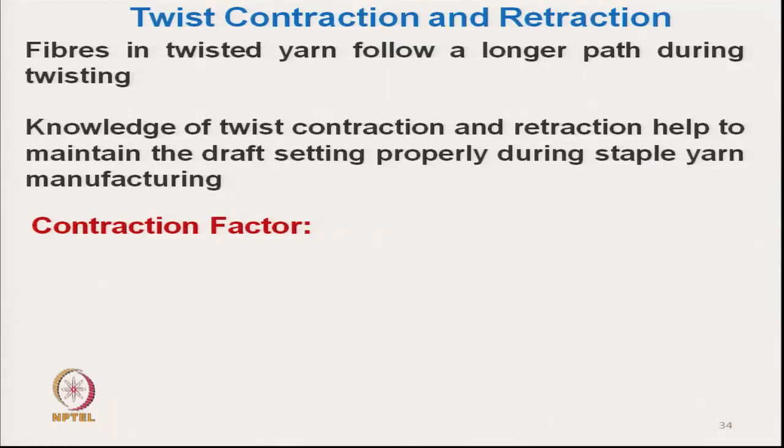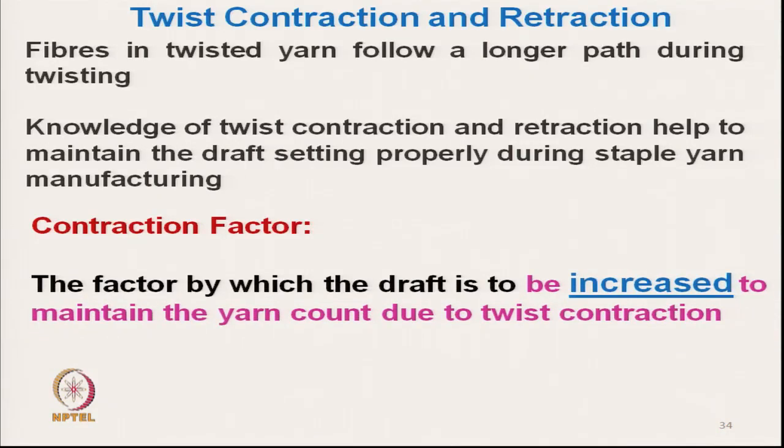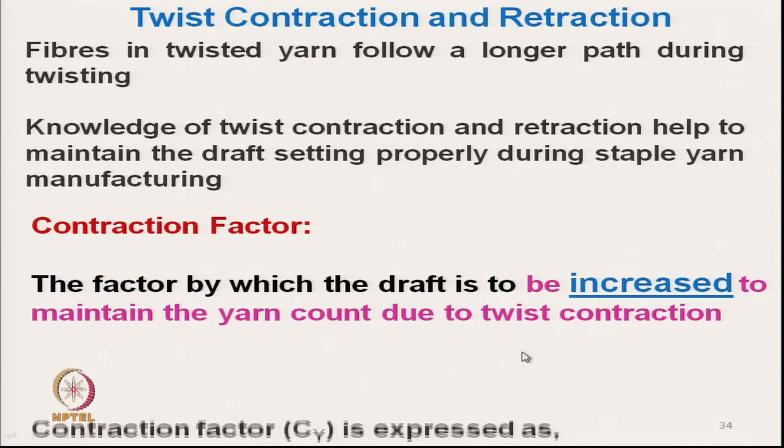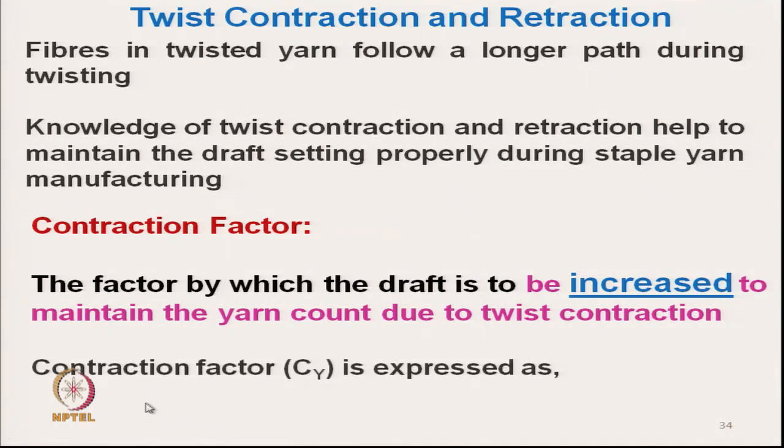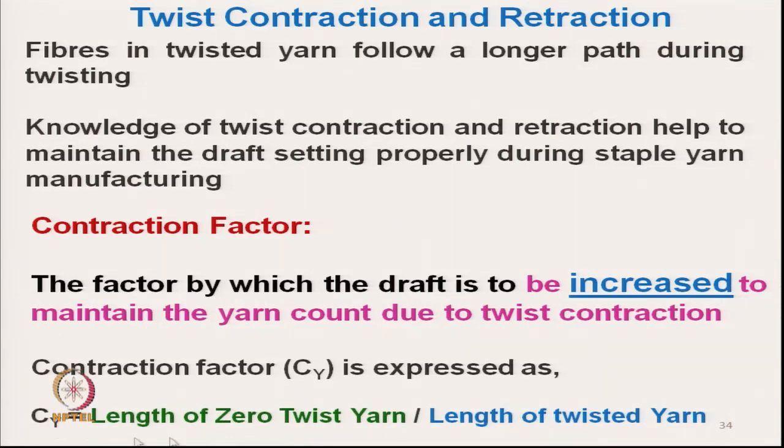So, there is the contraction factor, the factor by which the draft is to be increased to maintain the yarn count due to twist contraction. The contraction factor, CY, is expressed as the length of zero twisted yarn divided by the length of twisted yarn.